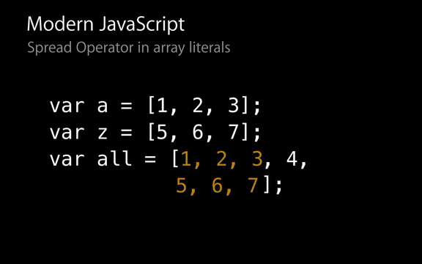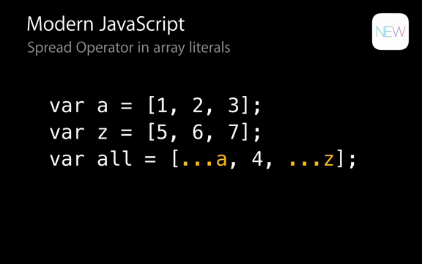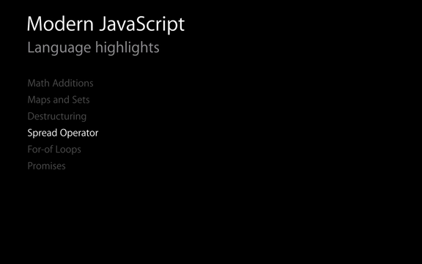But with the spread operator, you can just spread those other arrays right out into the new array that you're constructing. So this is a handy way to do pretty complex concatenation, and you can understand what it's doing without having to parse different calls to different array functions. So that's the spread operator.